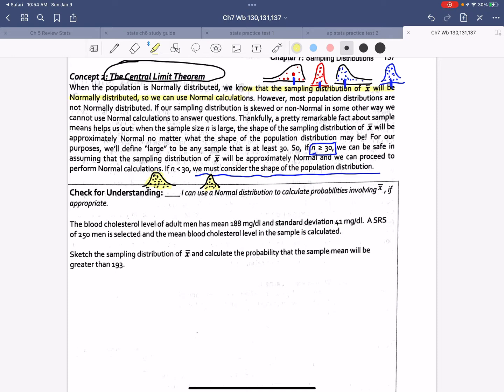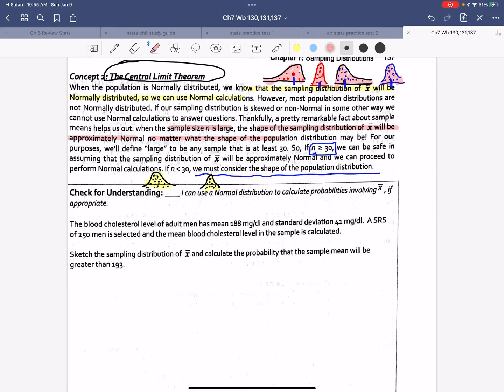When the sample size n is large, the shape of the sampling distribution will be approximately normal, regardless of the shape. So that's what this is saying. If it's skewed, my sampling distribution would still be normal. If it's skewed the other way, it will still be normal, as long as my sample size is large. This makes it very handy.